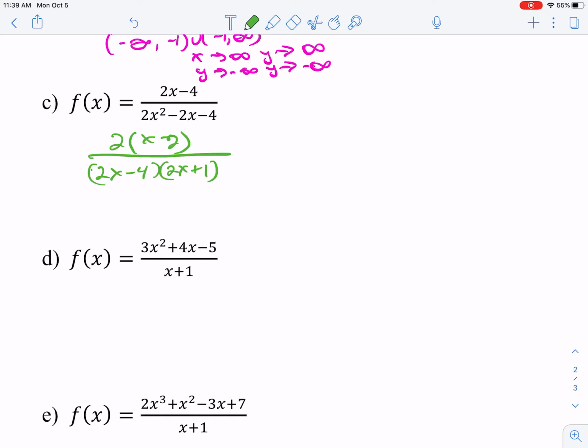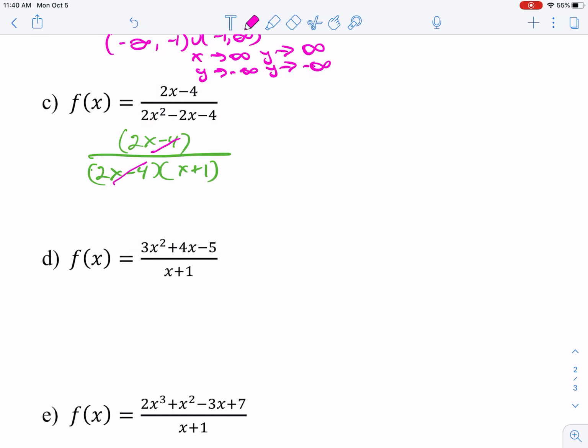Does that work? You get 2x squared minus 4x plus 2. Yep. So let's leave the top the way it was. 2x minus 4. You always check that.